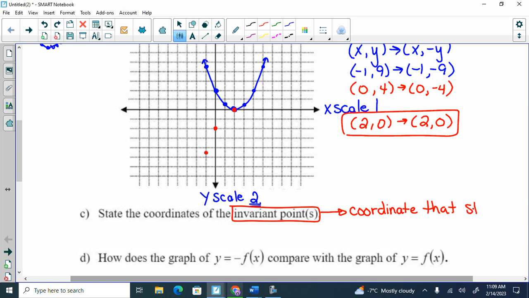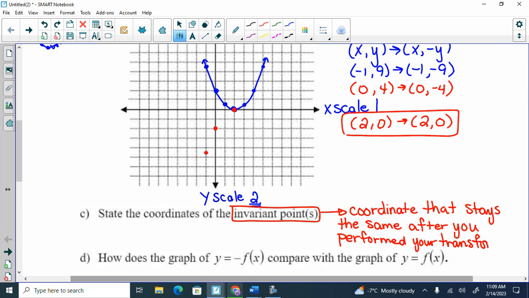That stays the same after you performed your transformation. So the invariant point on this one is 2, 0.